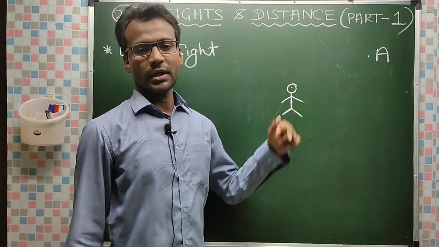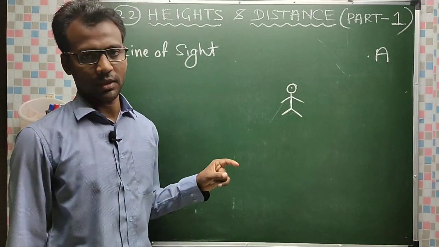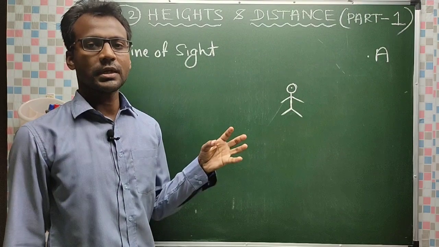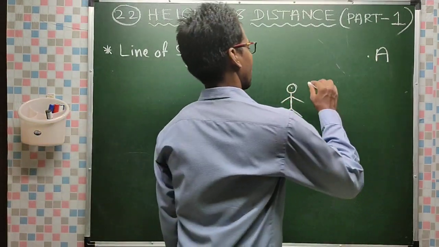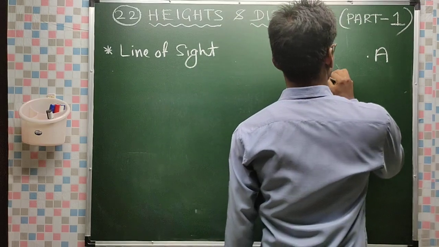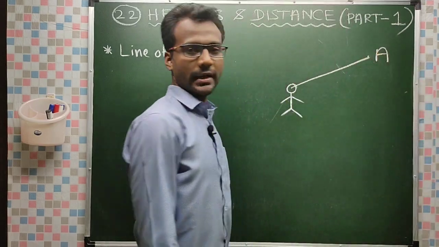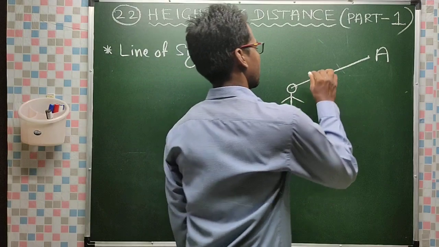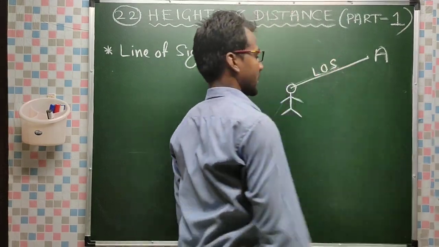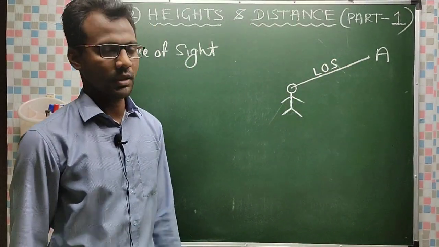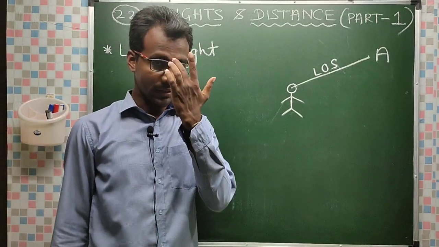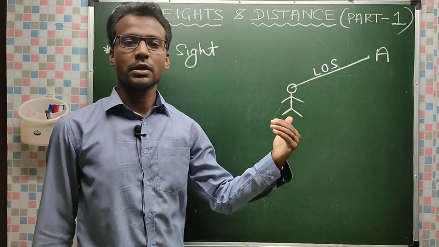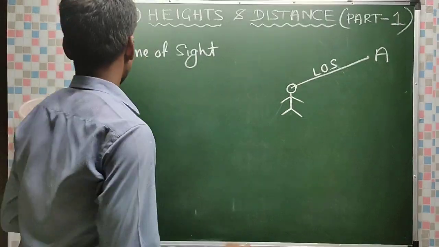He is looking at point A. So if you draw an imaginary line from his eyes to the point A, this line is called line of sight, LOS. So line of sight is an imaginary line that is drawn from your eyes to the point which you are looking at.